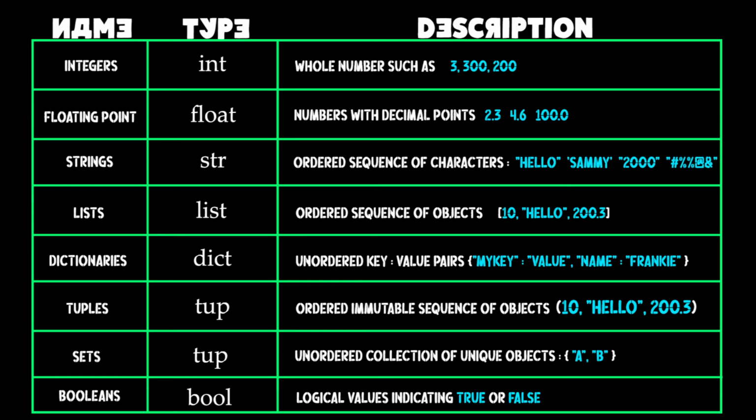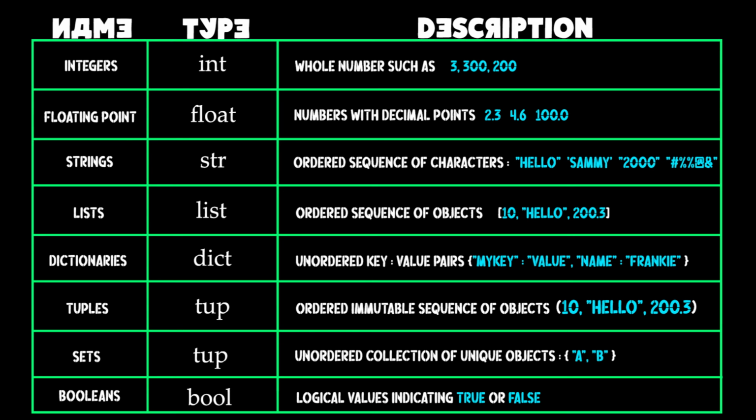How can you use a list? You can just start it with square brackets, add each element in it and separate them with a comma. In dictionaries the situation is a little different. The dictionary starts with curly braces, then we have the name of the key, then a colon, and then the value itself.